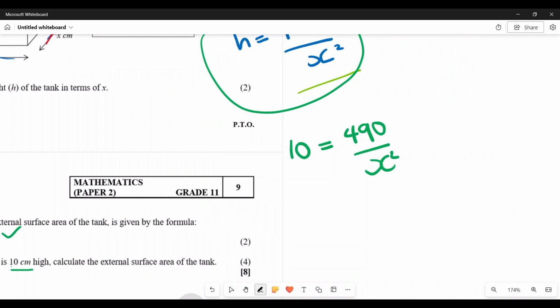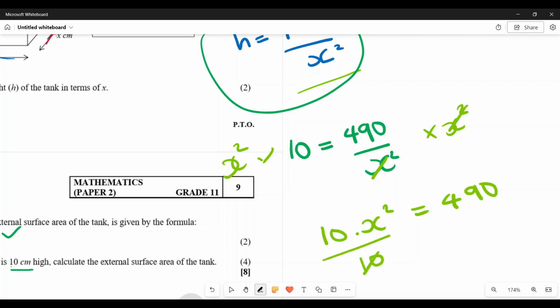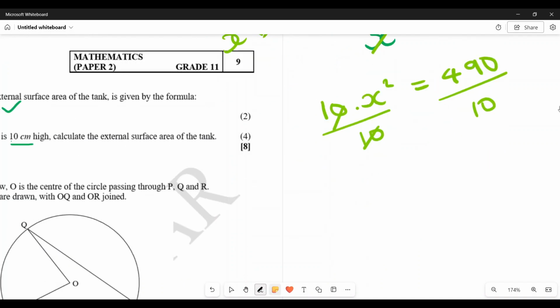First, I'm going to get rid of this x squared by multiplying on both sides. As a result, 10 multiplied by x squared is going to be equal to 490. Because I'm looking for x, I get rid of this 10 by dividing on both sides. My x squared is going to be equal to 490 divided by 10.